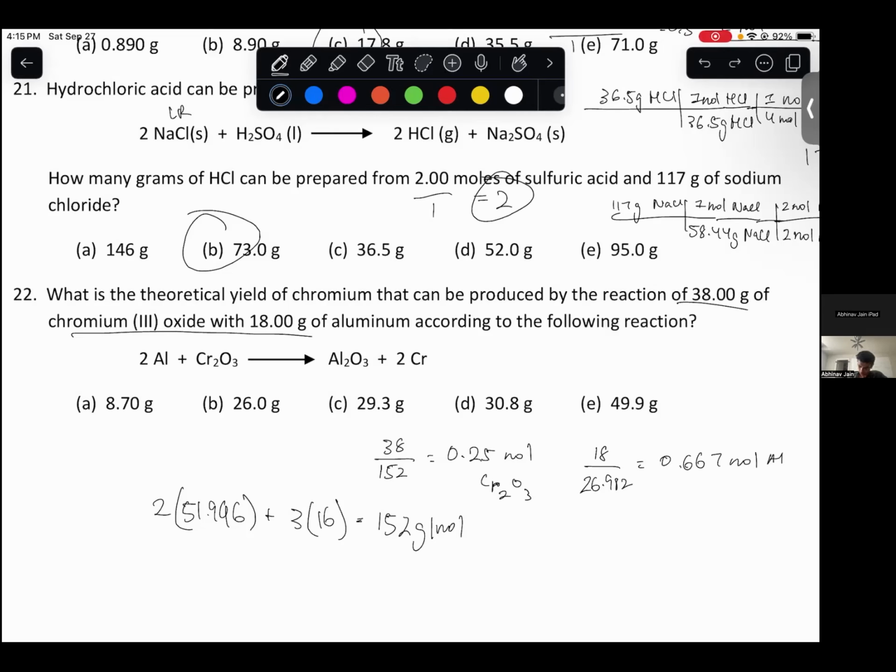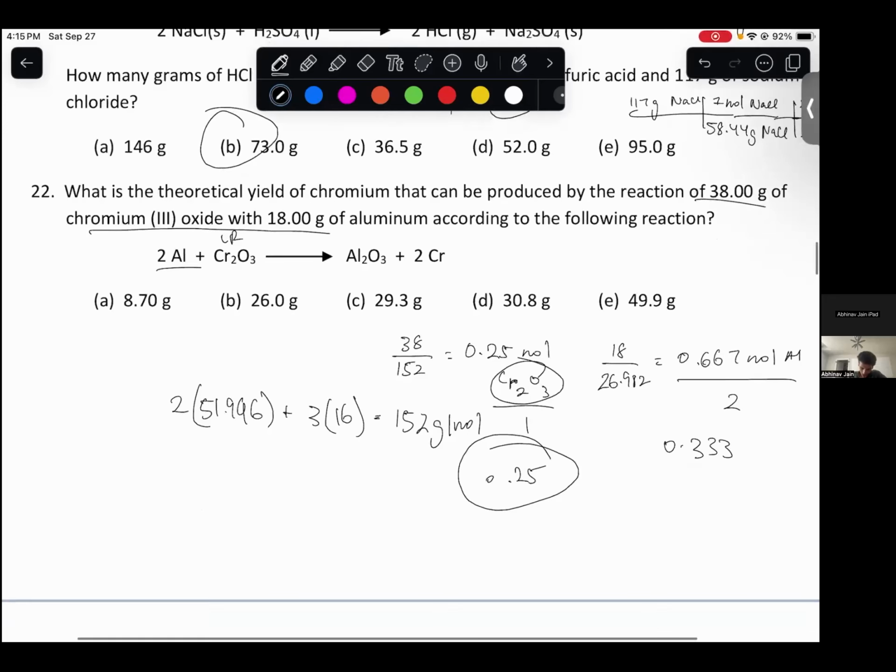Then we divide these molar amounts by their coefficients in the chemical equation. The coefficient of aluminum is 2, so divide this by 2. The coefficient for chromium 3 oxide is just 1, so it's going to be 0.25 compared to 0.667 divided by 2, so it's 0.333. So clearly 0.25 is less, so that means Cr2O3 is the limiting reactant.